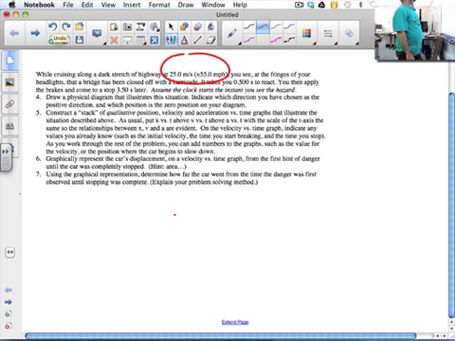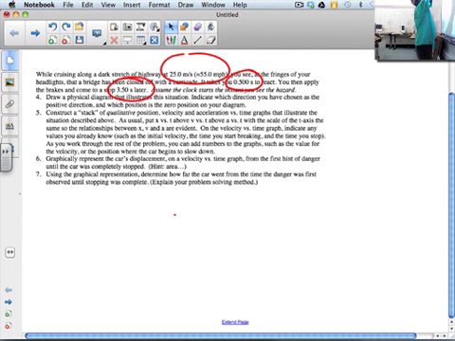You see at the fringes of your headlights that a bridge has been closed off with a barricade. It takes you half of a second to react, and then you apply the brakes and come to a stop 3.5 seconds later. Okay, so I think I can use those details to create a graph.